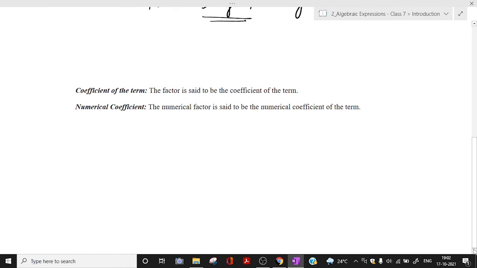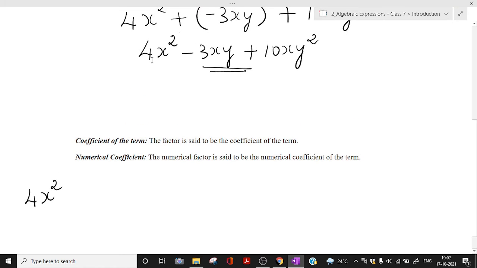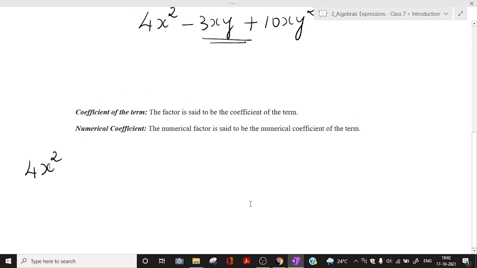Let's go ahead and look into the coefficient. The factor is said to be the coefficient of the term. Let me take the same example, 4x squared, the first term of the previous expression. What are its factors? Factors are 4 into x into x.